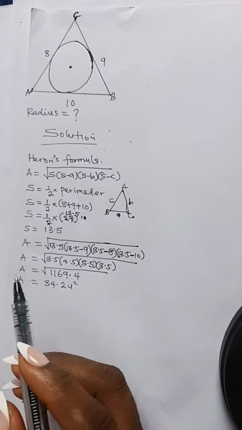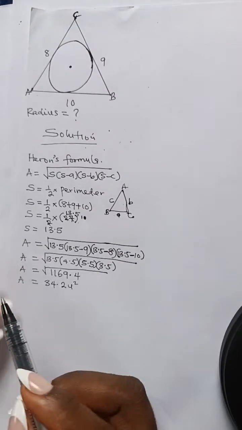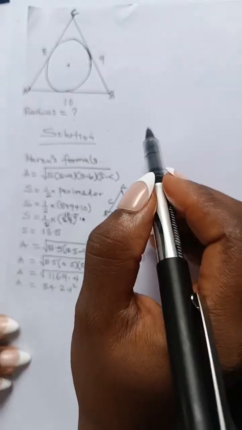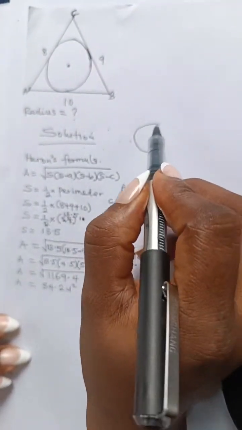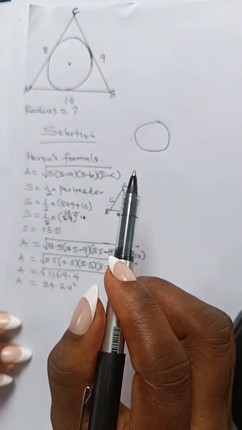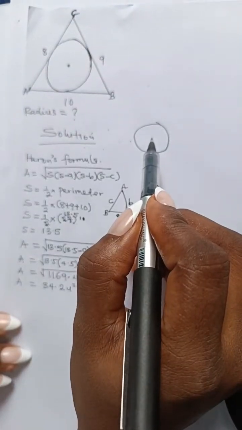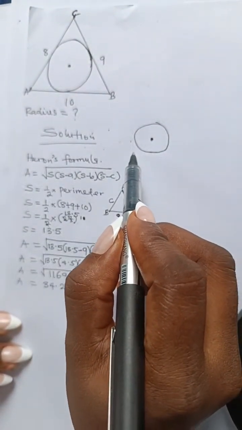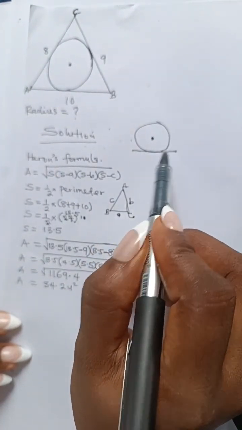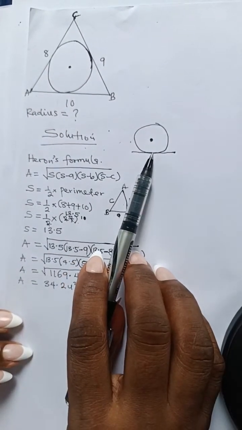Now, remember your circle theorem. According to circle theorem, if you have a circle, let's suppose that's a circle, even though it's not a circle, and this is your center. If you have a tangent, remember that a tangent is a straight line that touches a circle externally at just one point.